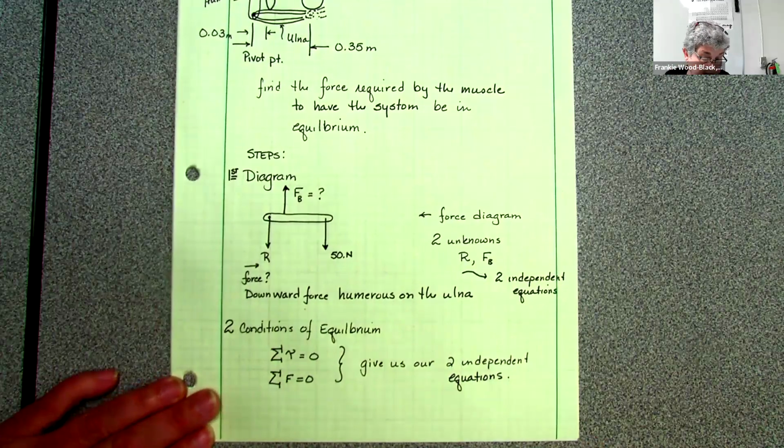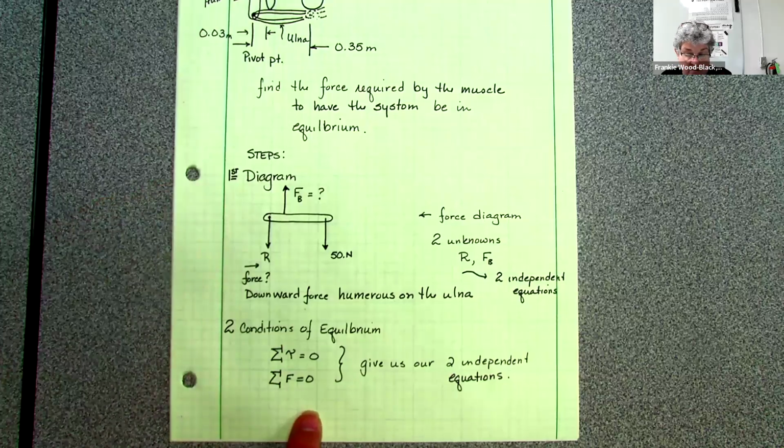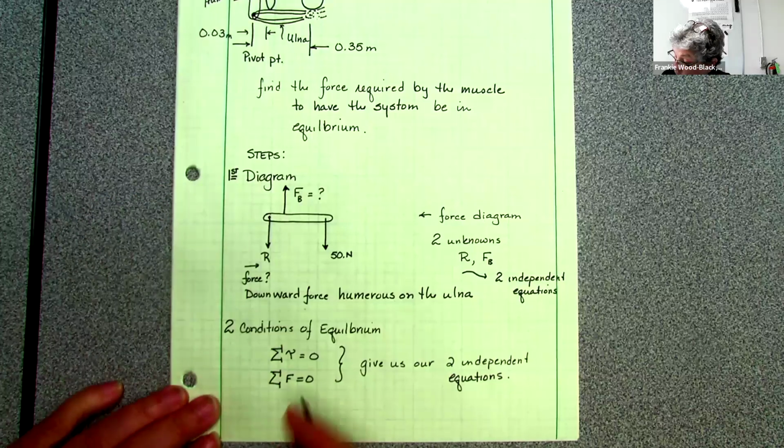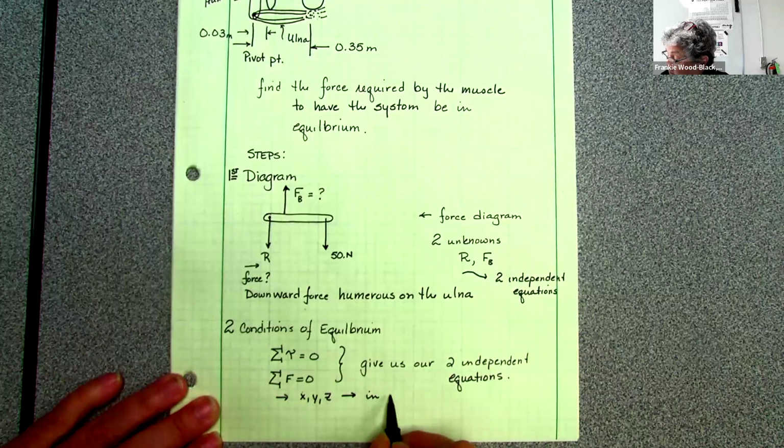So that's going to give us that. So we've got those parts here. This is going to give us our two independent equations. In this case, remember that my forces are going to give me in my X, Y, and Z directions. And in this case, we only are in the Y direction.